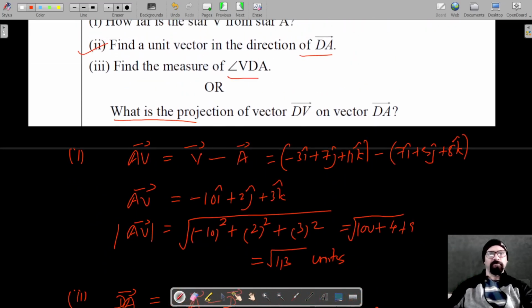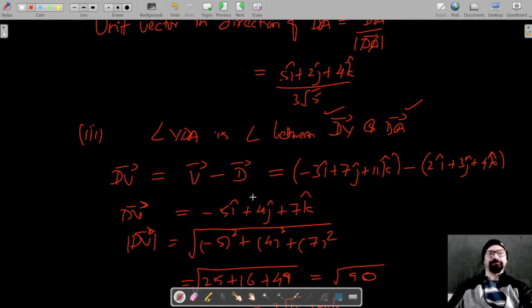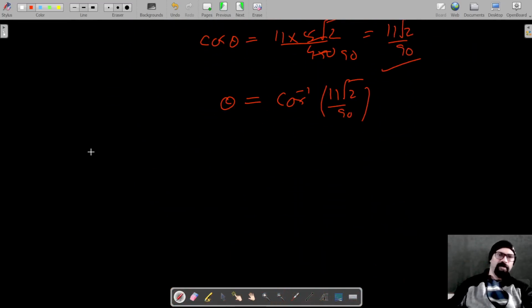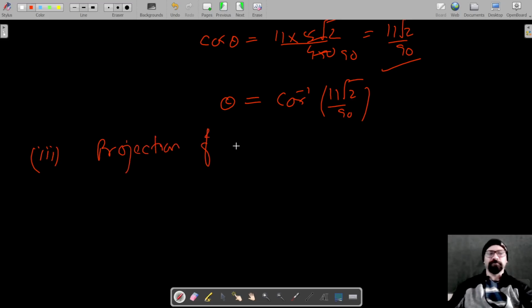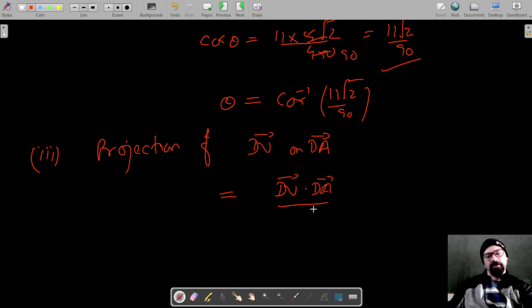Okay, so what is the projection of dV on the dA vector? This is also part 3. We have to find the projection of the dV vector on the dA vector. That should be equal to the dot product of dV and dA vector divided by the magnitude of dA.